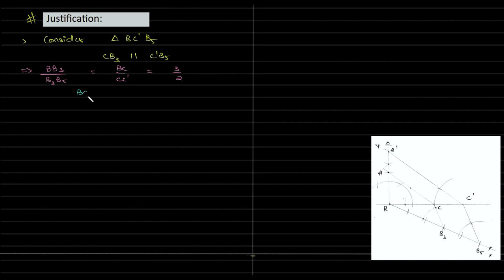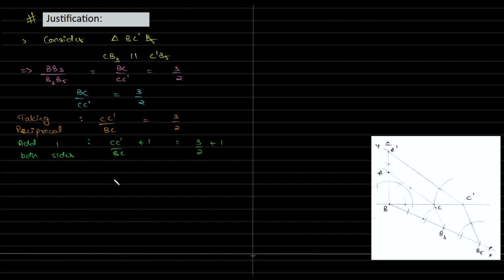So we have BC by CC dash to be equal to 3/2, and we are going to take the reciprocal. So this would give us CC dash by BC is equal to 2/3, and then add 1 to both the sides. So this will be CC dash by BC plus 1 is equal to 2/3 plus 1.